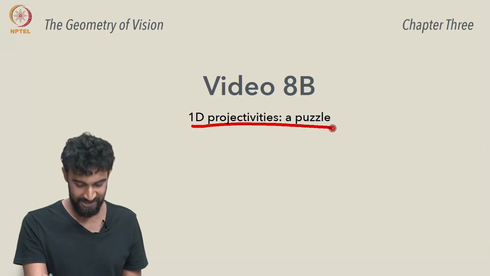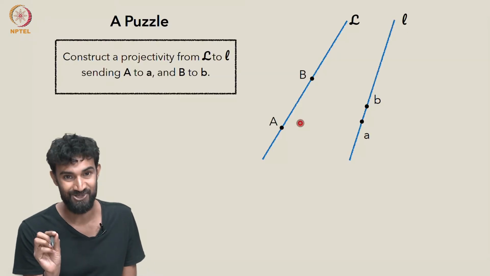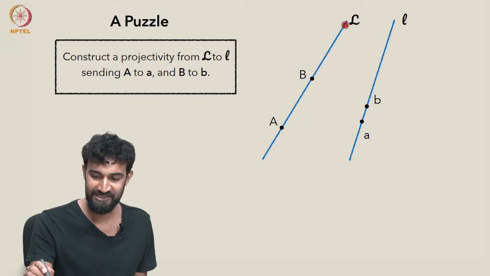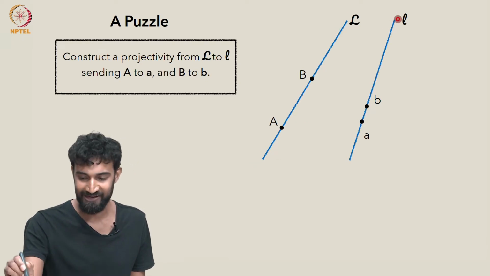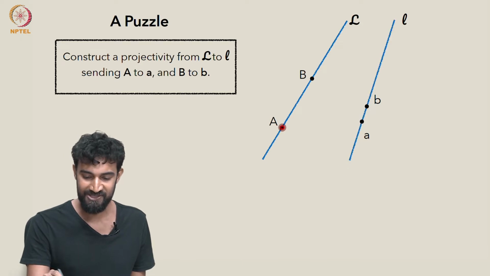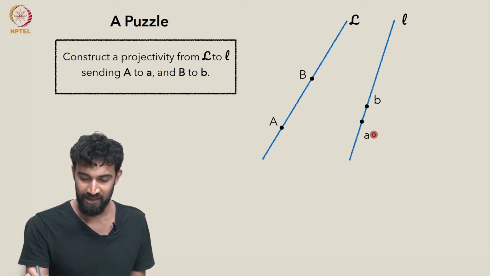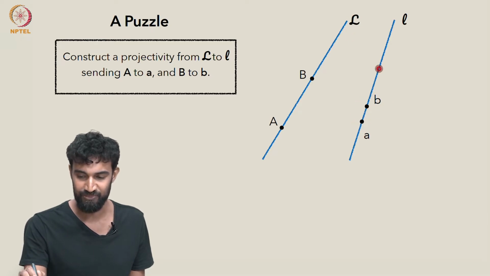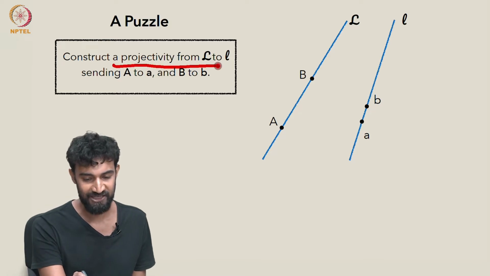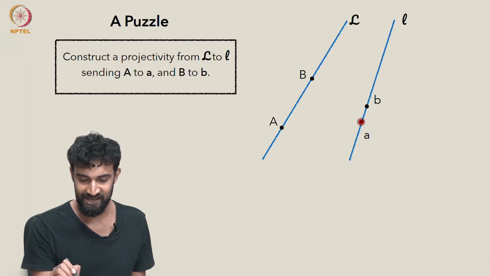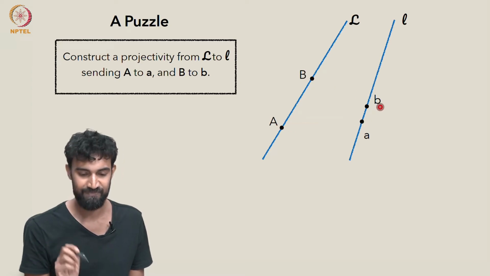So I want to start this investigation with a simple puzzle. Namely, given a line capital L and a line little l, and points capital A and capital B on big L, and points little a and little b on little l, can we construct a projectivity from big L to little l, which sends A to a and which sends B to b?